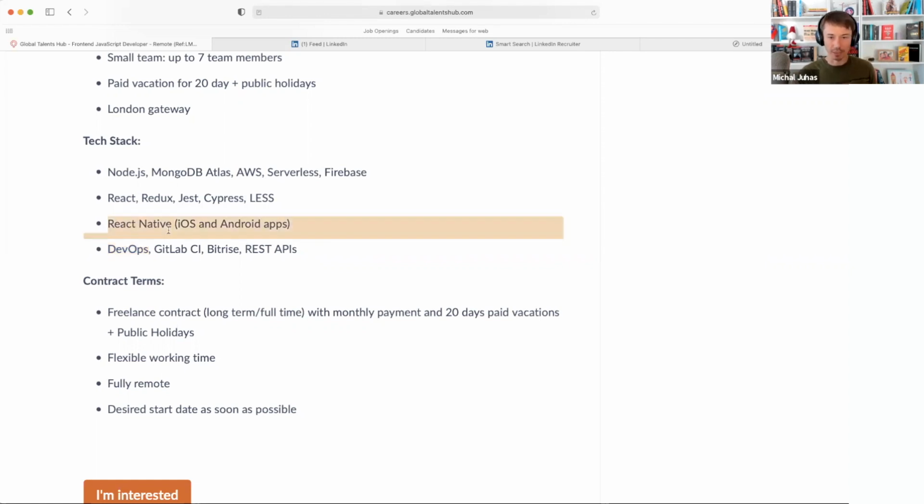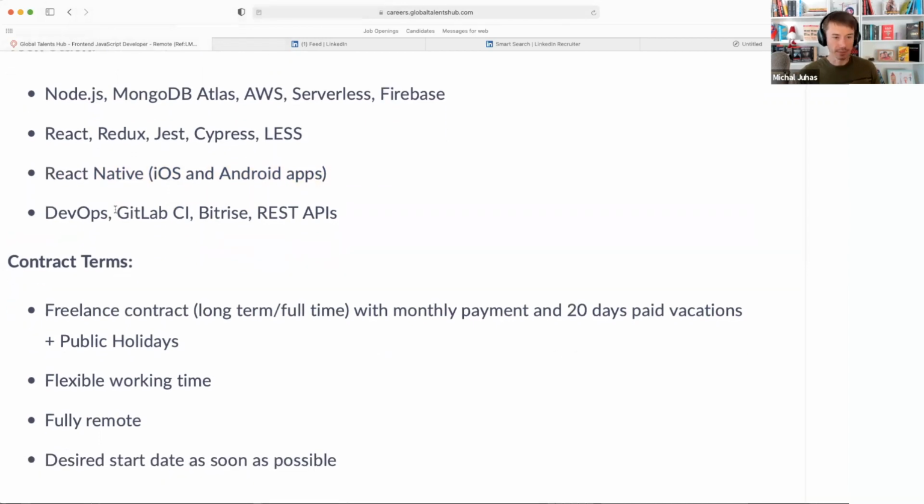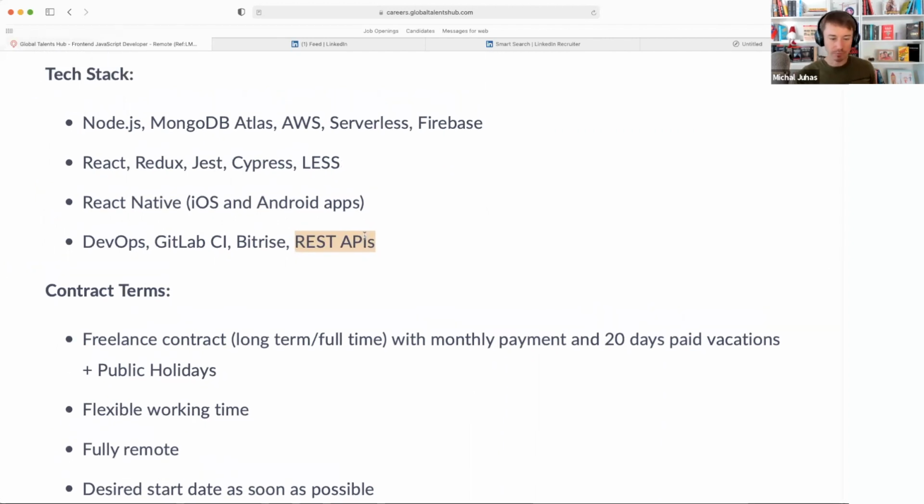So they use React Native for that. React Native is the JavaScript framework for cross-platform mobile applications. They have DevOps set up with REST APIs, microservices. So it's the standard modern technical stack, which is good.